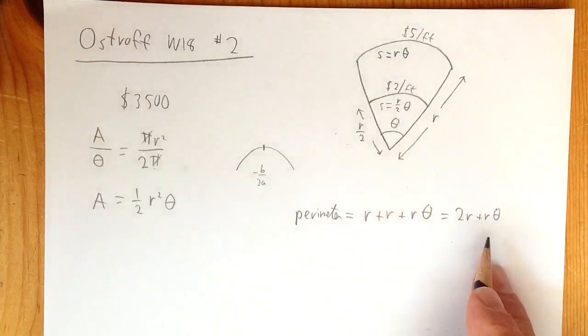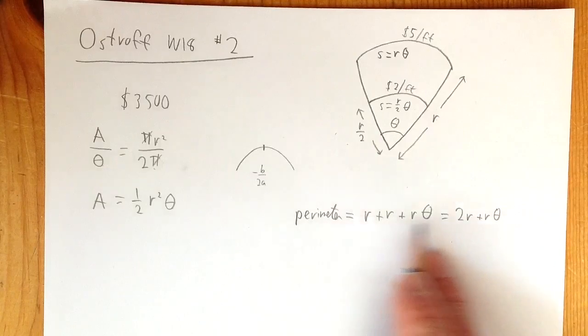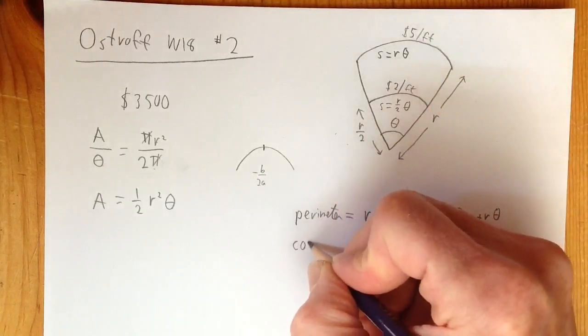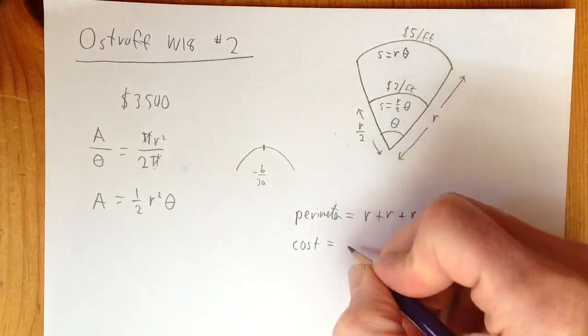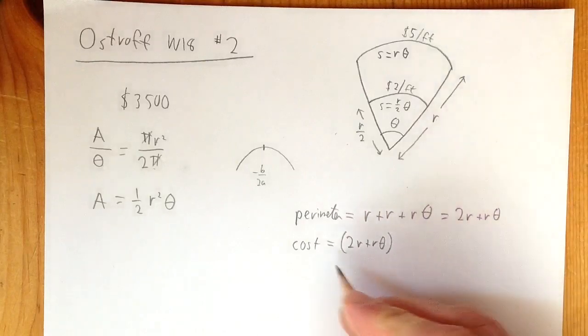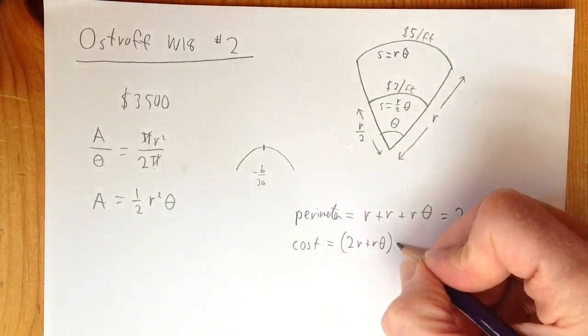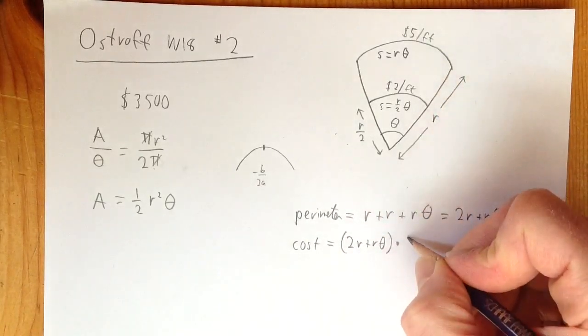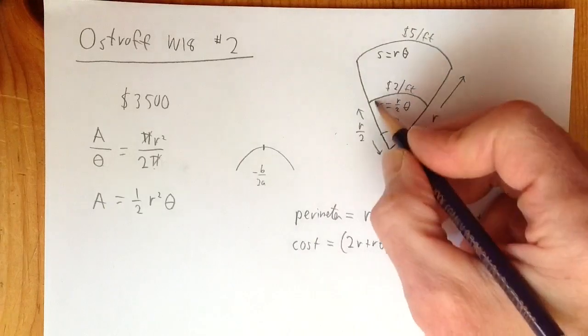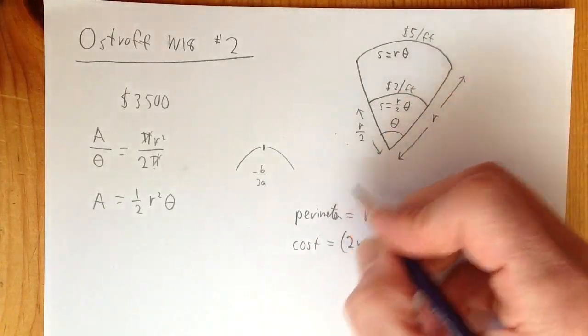Oh, and the perimeter cost, so what is the total cost here? The perimeter, each one of these feet costs $5. So the cost for the perimeter is 2r plus r theta, that's the number of feet, times $5 per foot. Okay, so times $5. That's the cost of the outside. Now let's look at this little wedge here, that little wedge there.